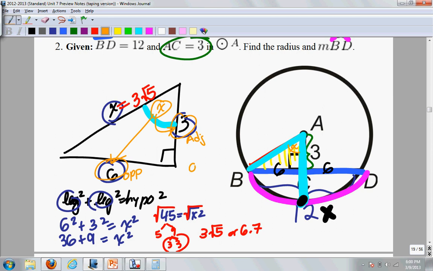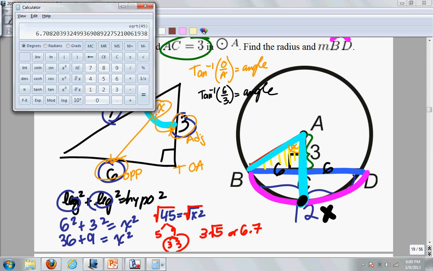And that gives me OA, and I'm going to use tangent. So I'm going to use inverse tan. Opposite over adjacent gives me the angle. I'm going to pause. If you haven't done that, you want to write this down. So we're going to use inverse tangent, opposite over adjacent.